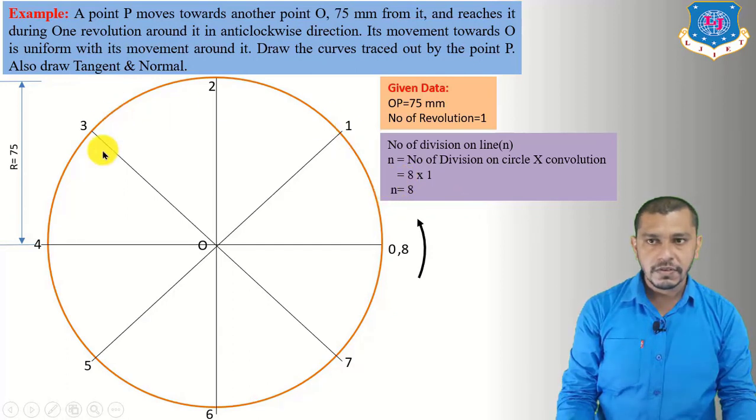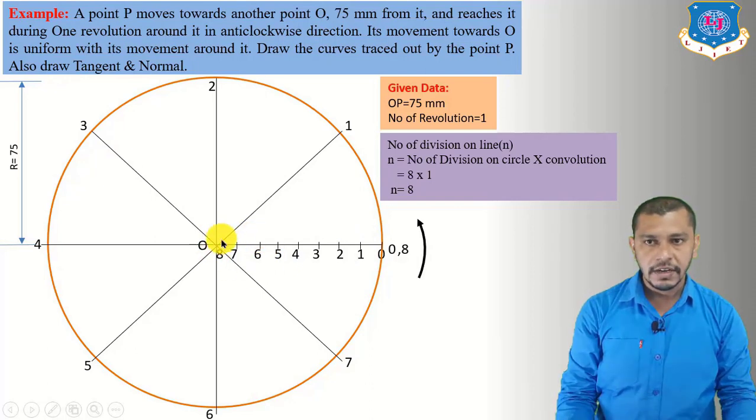So the number of divisions of the circle is 8 and the convolution is 1. So the number of divisions on this line will be 8. So now divide this line into 8 equal parts. Give the numbering starting from 0, 1, 2, 3, 4, 5, 6, 7, 8 up to the center of the circle. Now after dividing this length we have to draw the spiral.